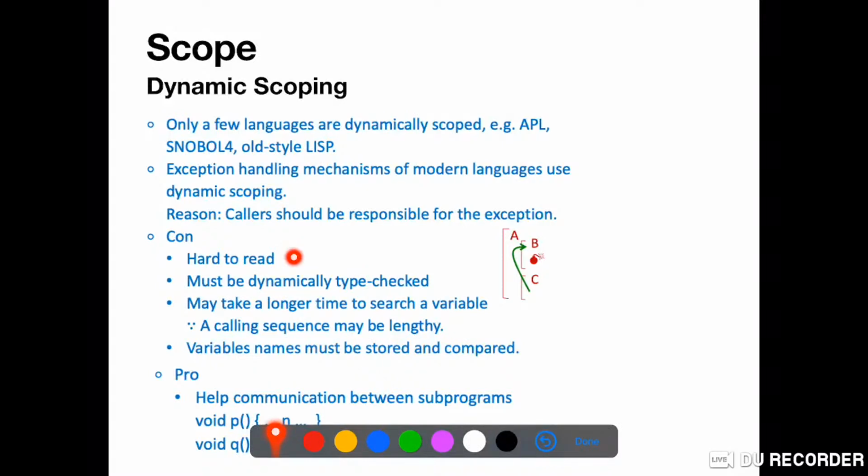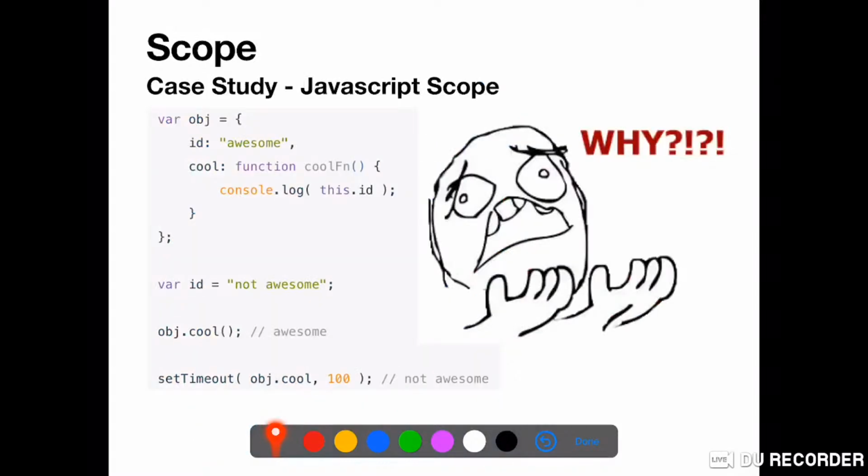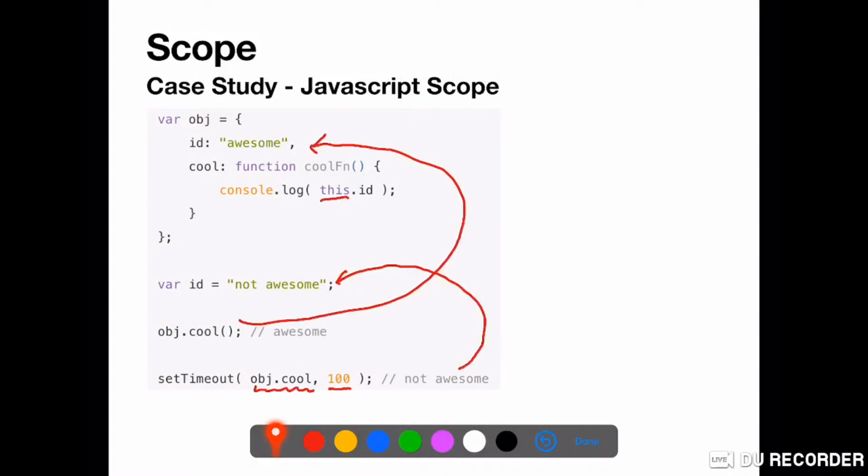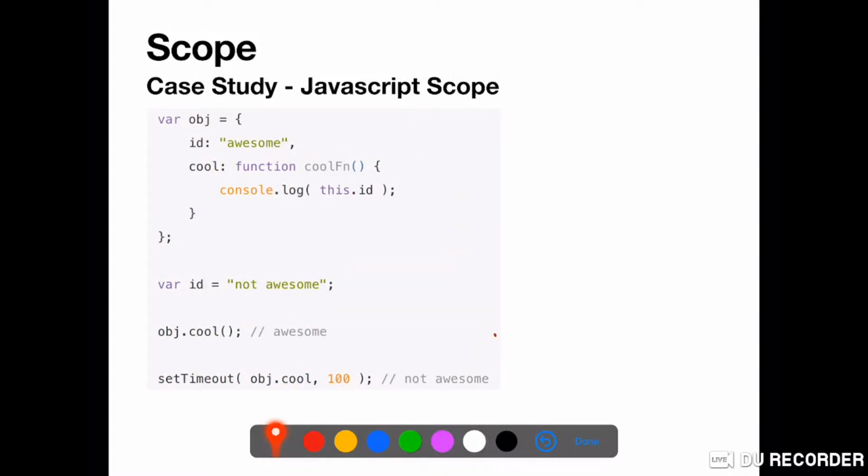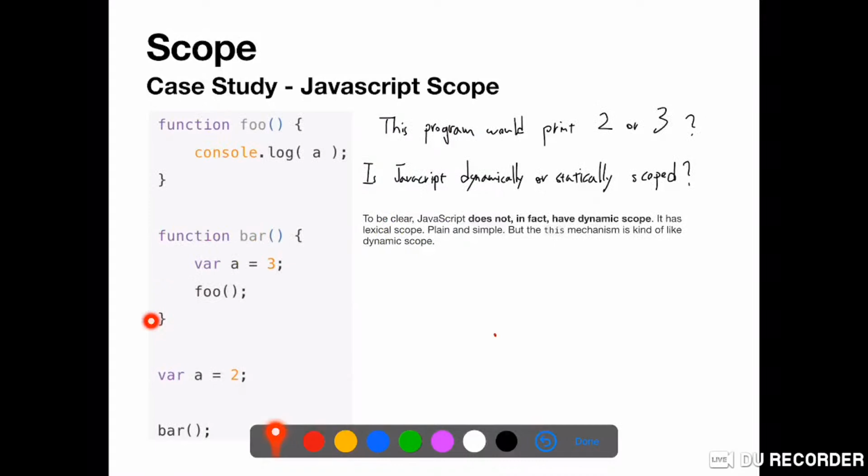And another problem is it must be dynamically type checked. Let's say the log function requires you to input an integer, and this is a double. Actually, I'm going to write another piece of program here.